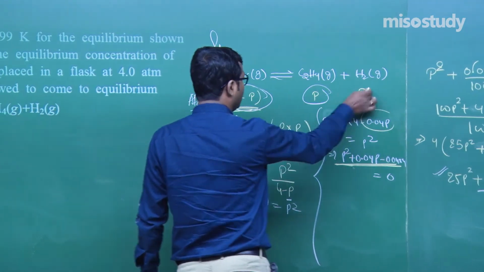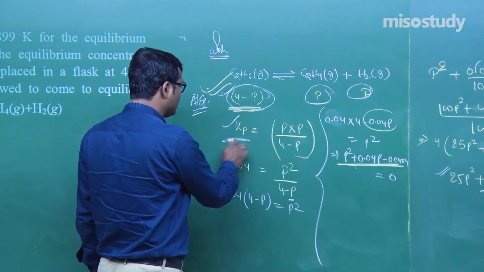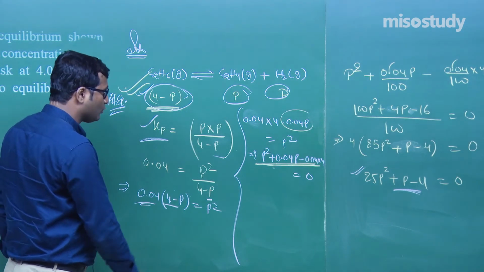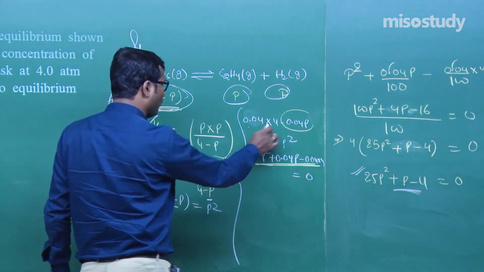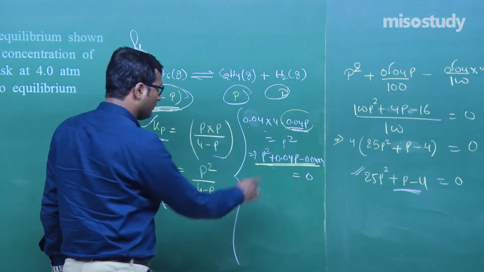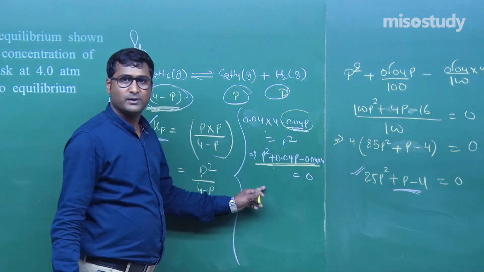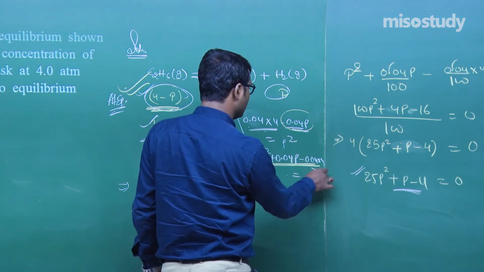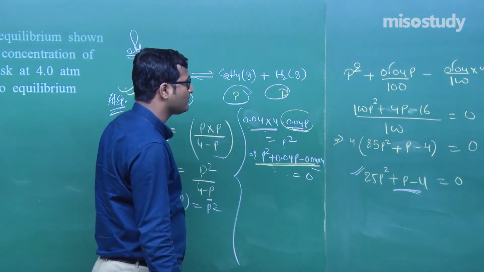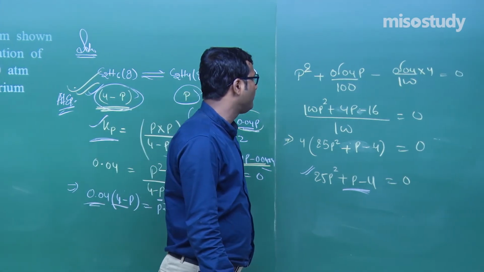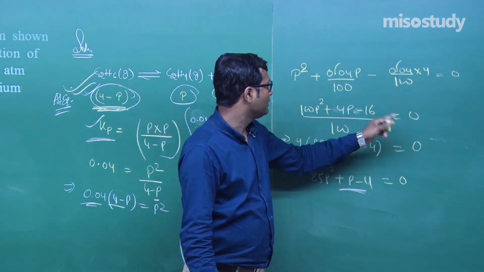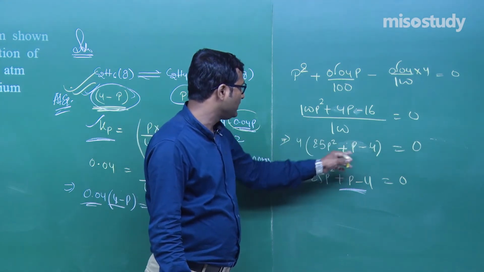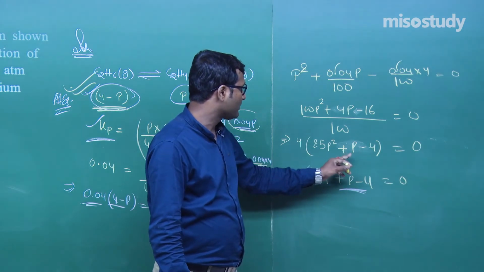Kp is equal to P into P upon 4 minus P. Kp is 0.04, so 0.04 into 4 minus P equals P square, which gives 0.04 into 4 minus 0.04 P. Moving it here, P square plus 0.04 P minus 0.04 into 4, and with 100 here, 100 P square plus 4P minus 16. Taking 4 common, we get 25 P square plus P minus 4.